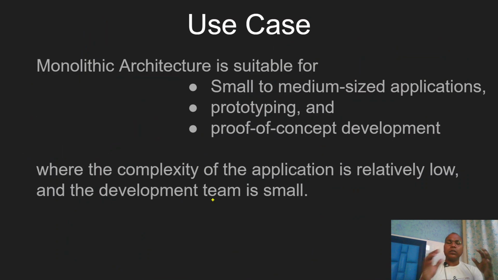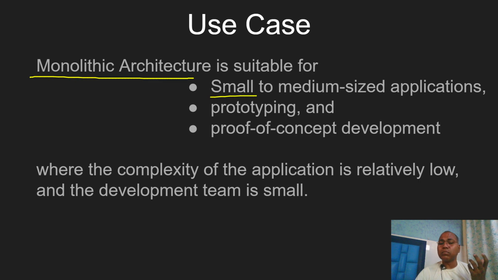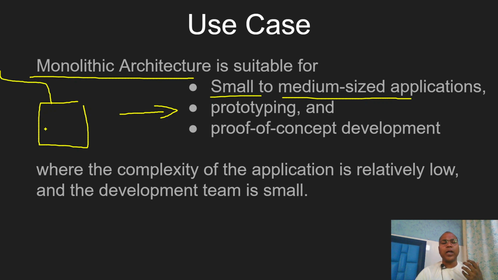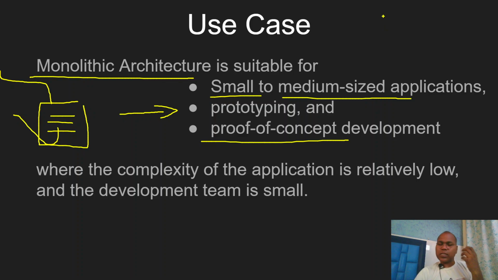So in which scenarios are you going to use a single module to serve all the customer requirements? Monolithic architecture is suitable if your application is small or medium size, and sometimes it is also a very good fit nowadays for prototypes. Sometimes you want to gain the customer's confidence, or you get a customer requirement and want to build something high level to show the customer, or you want to do POC development, proof of concept, to visualize that something can be built.